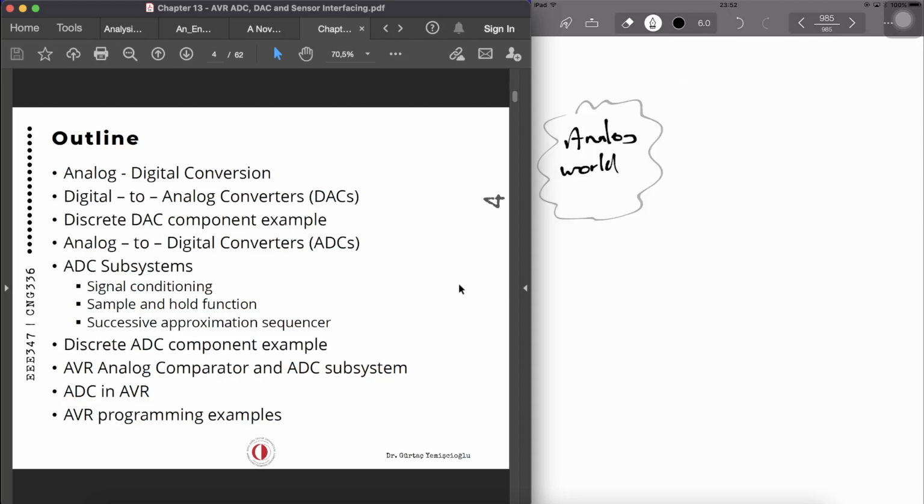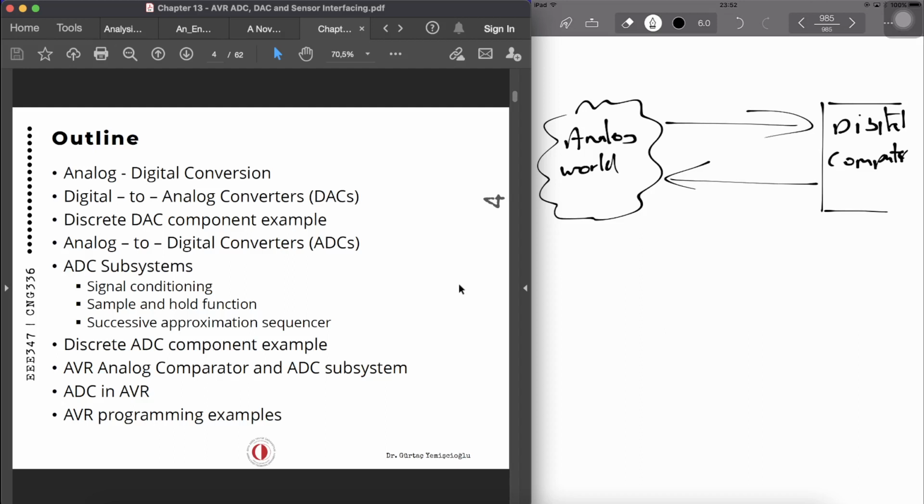And if we are using these digital computers, microcontrollers, microprocessors, we need a way to interact. So we need some kind of protocol, something in between those two important elements, because the devices are digital, the world around us is analog.